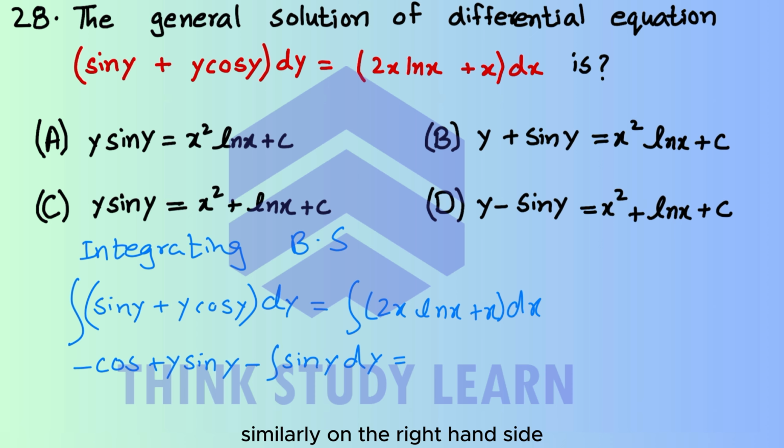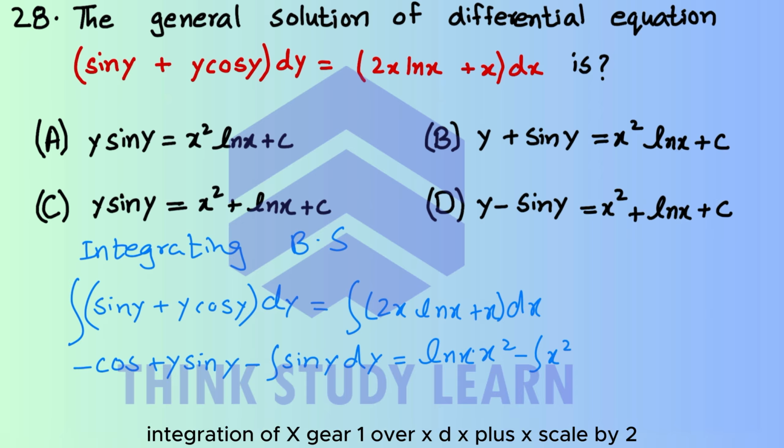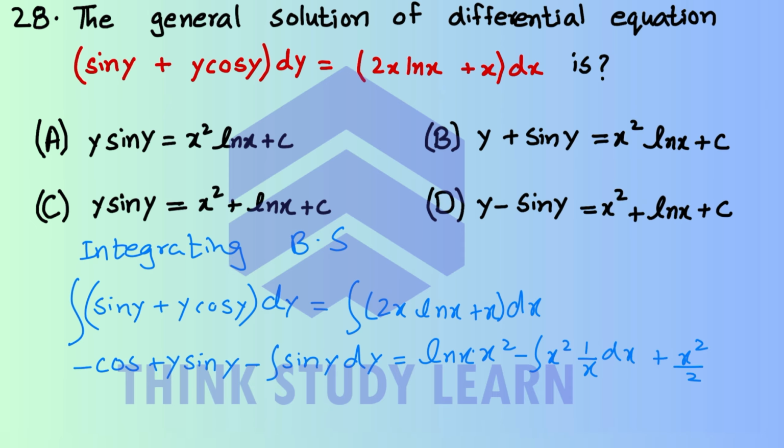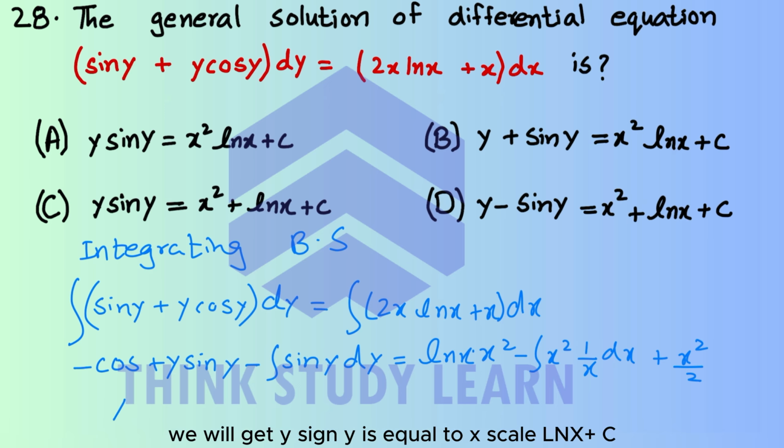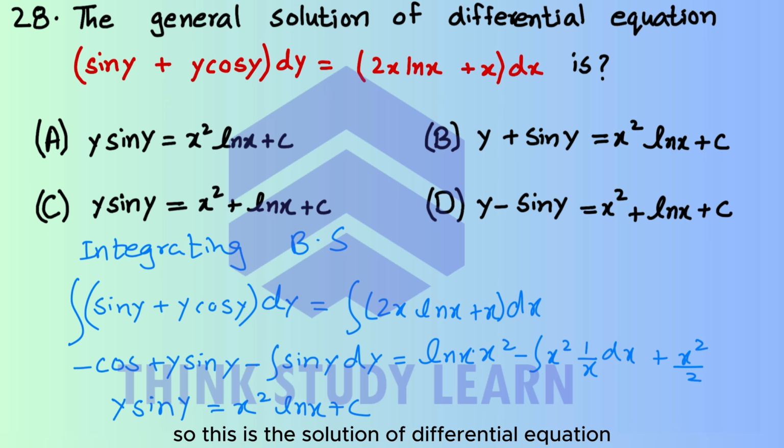Similarly, on the right hand side, we will get ln x times x square minus the integration of x square times 1 over x dx, plus x square by 2. When we simplify this expression, we get y sin y is equal to x square ln x plus c. So this is the solution of the differential equation. A option is the right answer.